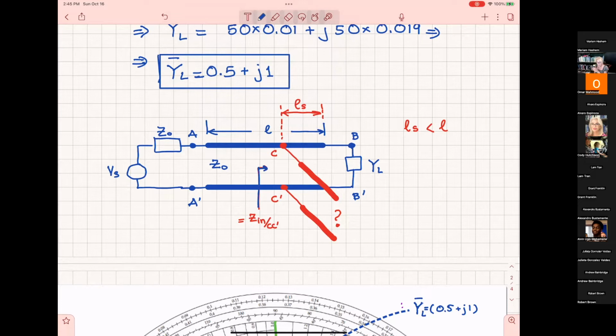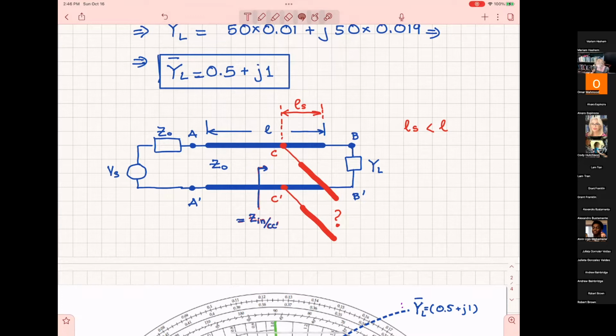We'll come to this. I'm talking about after I have designed the stub and everything is in place, how much should this input impedance be? It is the impedance I see to the right of this arrow here.